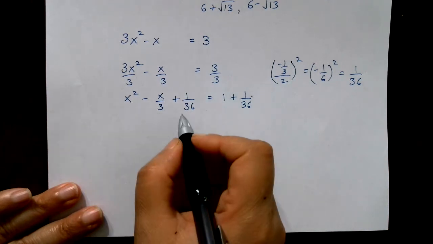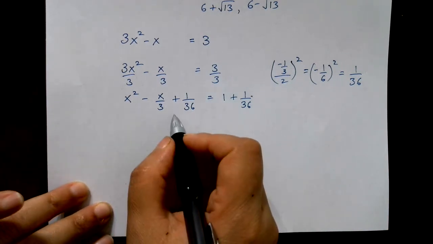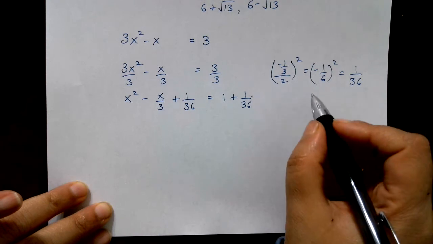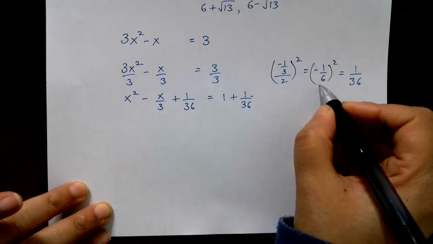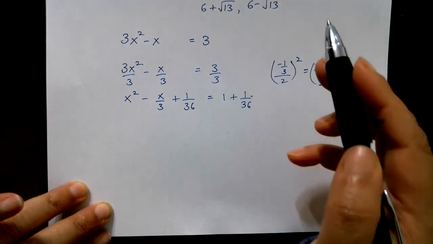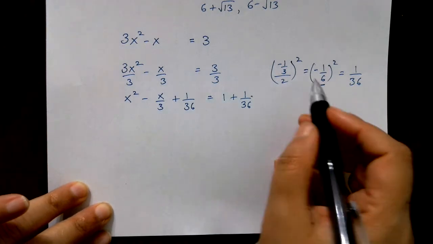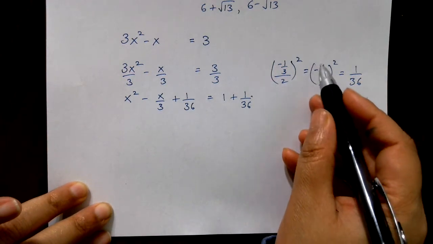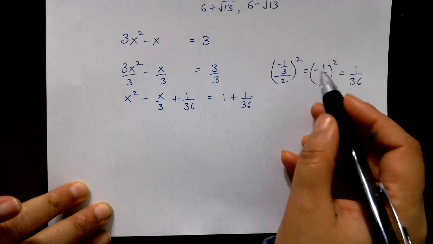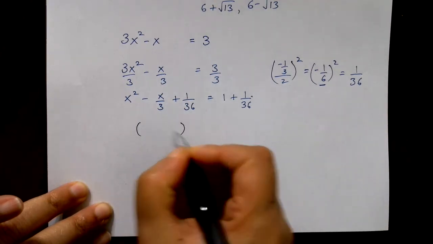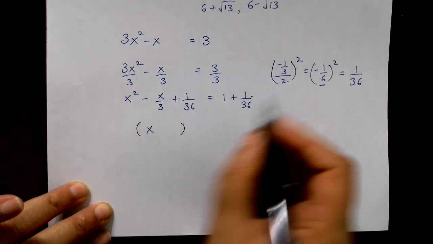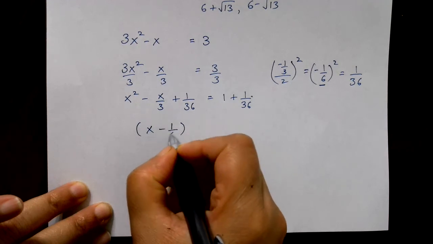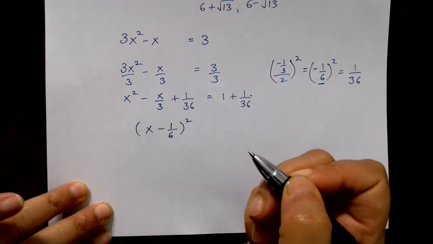Now we have to find the factors of this. If you remember from the expansions that I showed you earlier, whatever is inside the parentheses is what goes with the x. So you'll have x minus 1/6 squared.